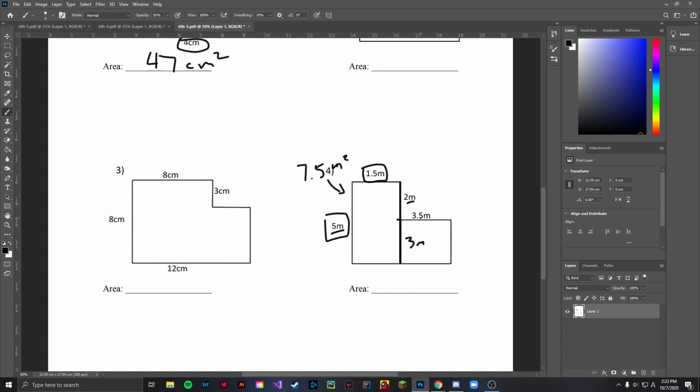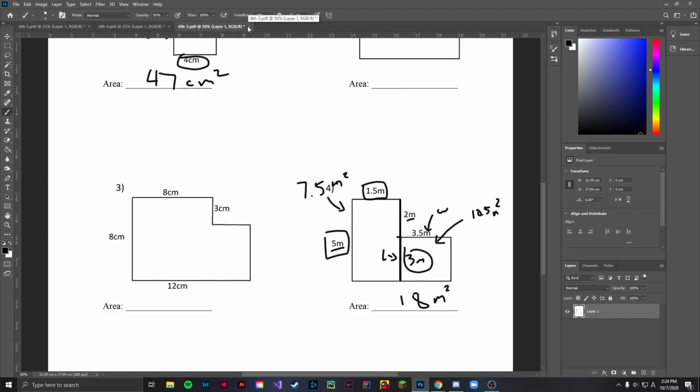And for this one, this thing is going to be the length, and this thing's going to be the width. So length times width, 3 times 3.5, that's going to be 10.5 meters squared. You add those two, and then you get 18 square meters. They can either be pronounced meters square or square meters.